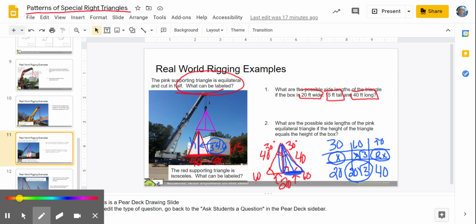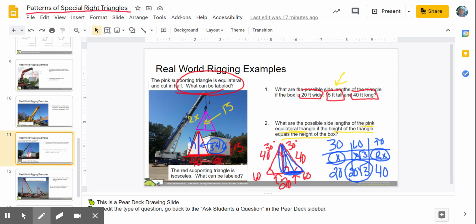What are the possible lengths of the pink equilateral triangle if the height of the triangle equals the height of the box? So the height of the box was 15. So the height here is 15. And I want to know the side lengths.